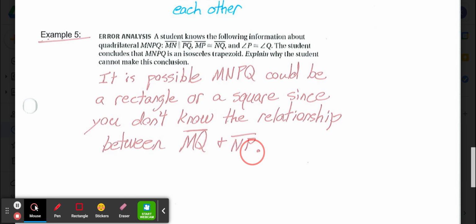So without knowing further information, we know that this shape could be an isosceles trapezoid. But if we find out more about these two sides, it could be a square or a rectangle too. Until they give us info on these two sides, we can't narrow it down.